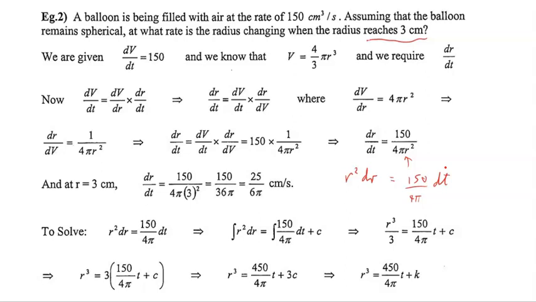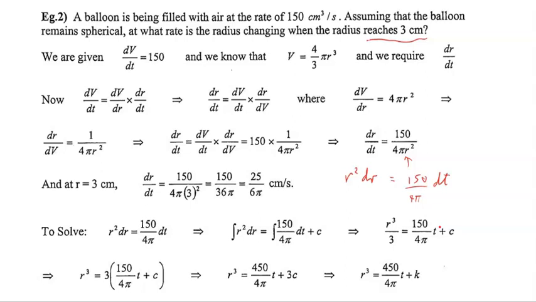And then we're going to integrate both sides, putting the constant of integration on the right. The integral of r² dr is the integral of 150 on 4π dt plus c. That gives us r³ on 3 is 150 on 4π times t plus a constant of integration.